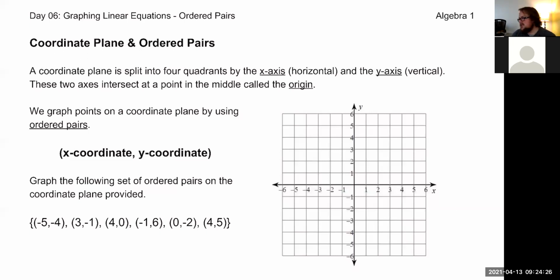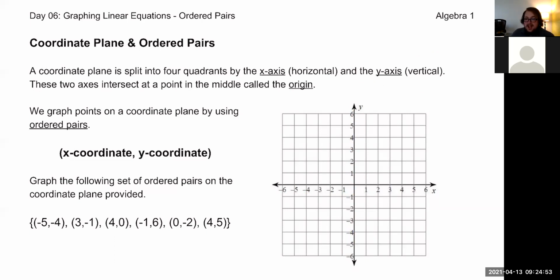That split is in part thanks to the x-axis, which, if you notice on this coordinate plane, is the horizontal, slightly darker, also labeled axis, which describes either a left or a right direction. And it's also split by the y-axis, which is the vertical axis that's a little bit darker, also with labels.